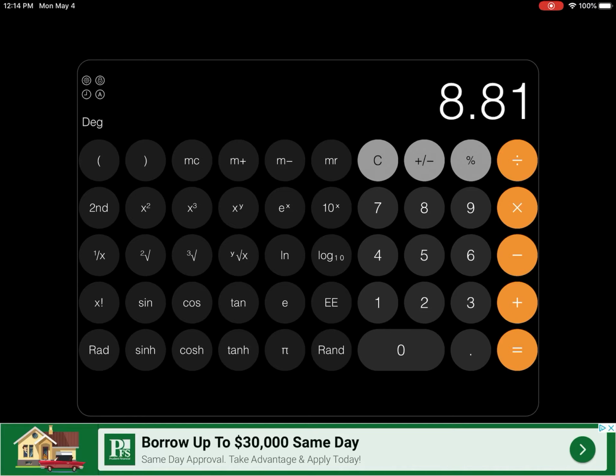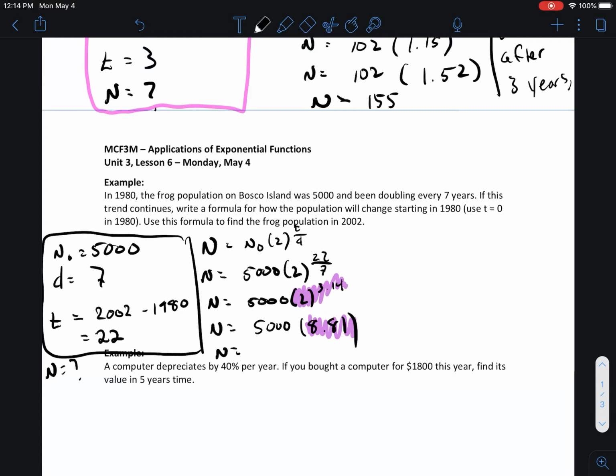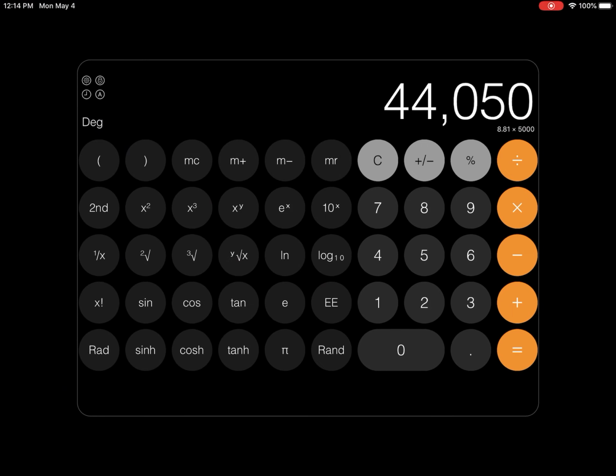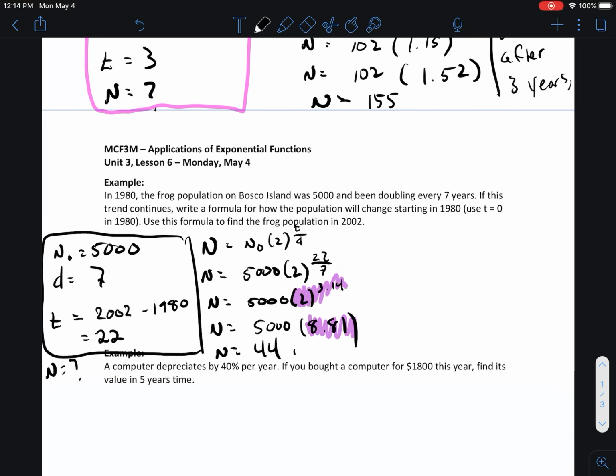So n, we're going to figure out what the population is, it's going to be 8.81 multiplied by 5,000. What did I say the number was? 44,050. Okay. Then you could write down the therefore statement.